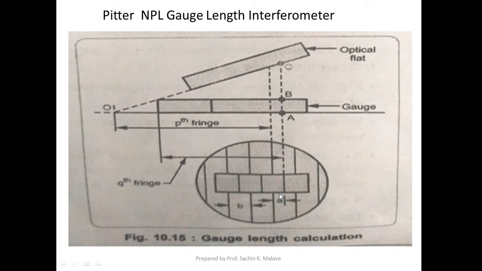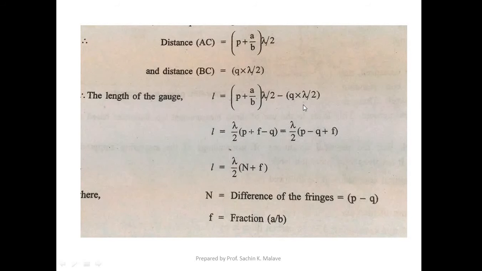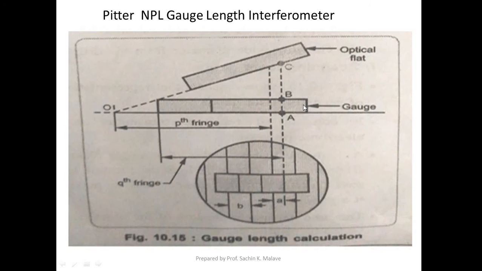Okay, so now we can say that if you want to find out this distance, say AC, what is distance AC? AC is the air gap between point C and A. So if we find out how many adjacent fringes are there, isn't it?